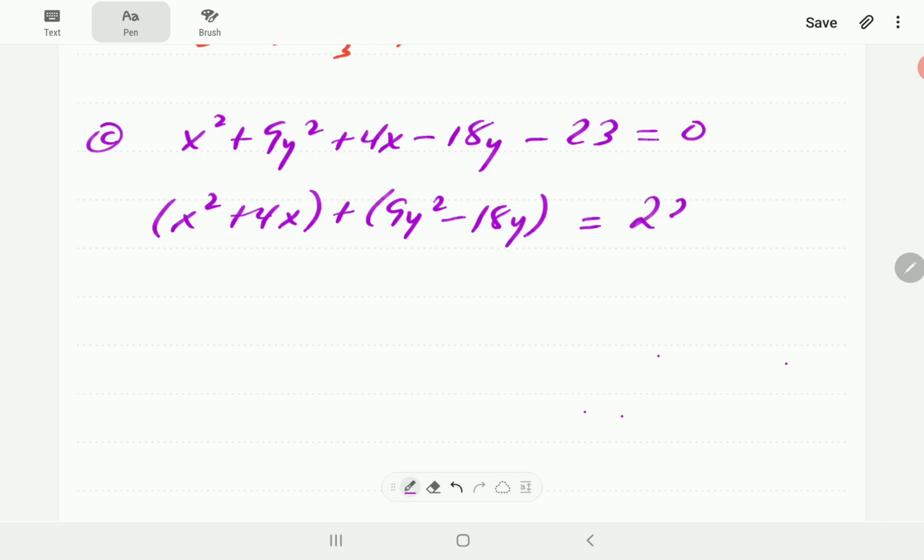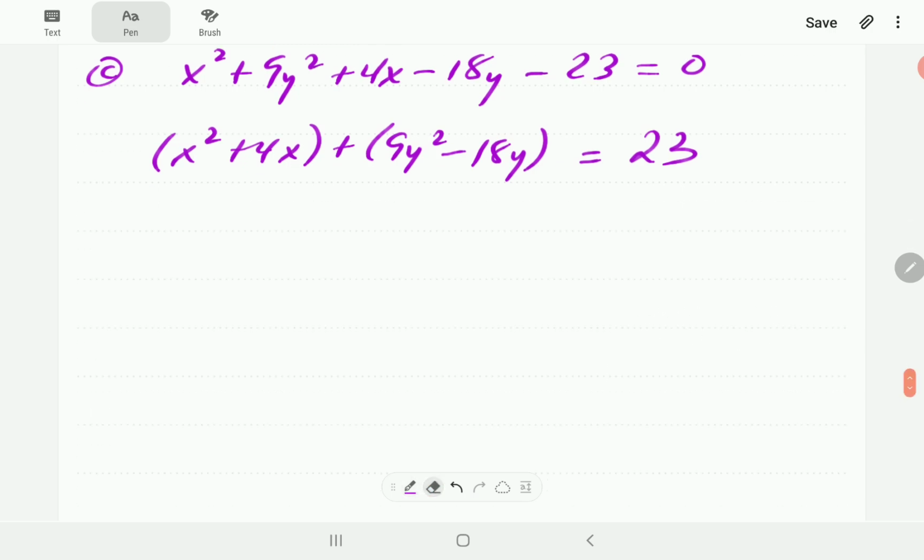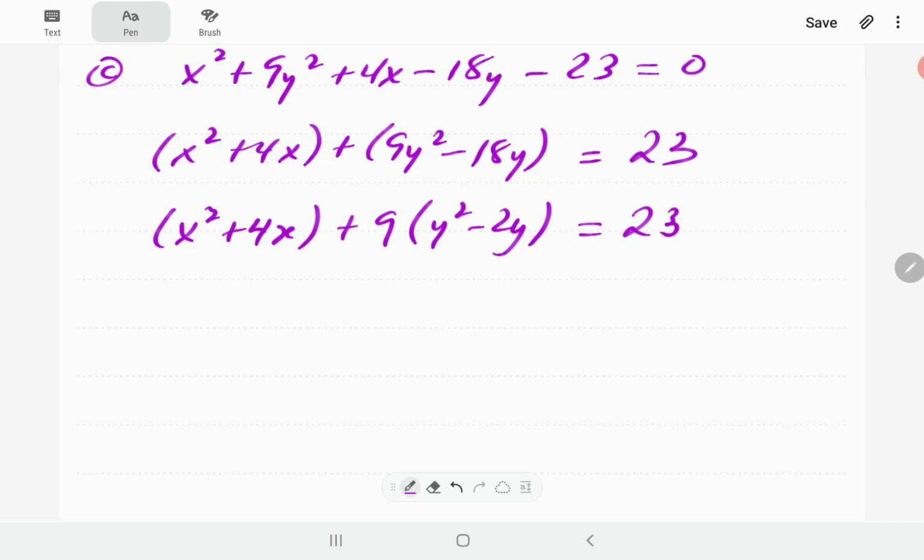The constant we take to the right hand side. Then in the terms involving y, we're going to have to factor out 9. Okay, so this is going to be y squared minus 2y.